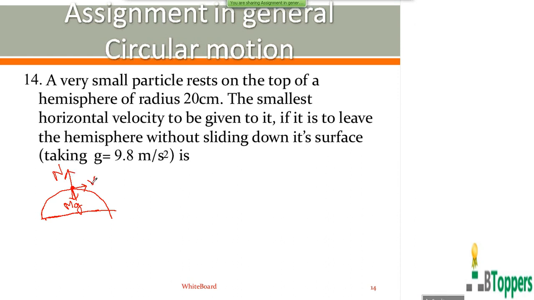When the velocity of the particle is less than a particular value, the particle will slide down the surface without losing contact. Not only just answering the given question, I would like to discuss the other possible question.